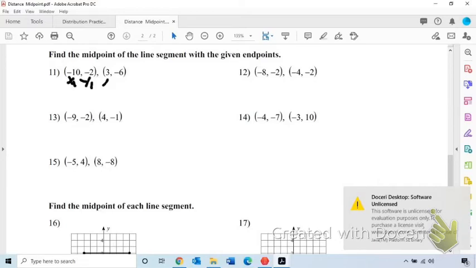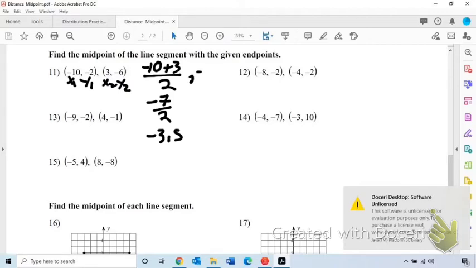So we label them x1, y1, x2, y2, and then we plug it into the formula. So remember the x is x1 plus x2 divided by 2. And the y, so that's negative 10 plus 3 over 2, or negative 7 over 2, or negative 3.5. Either one of those last two is fine. You can do it as negative 7 over 2 or negative 3.5.